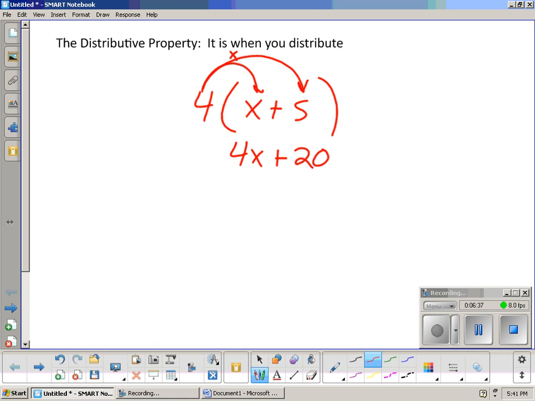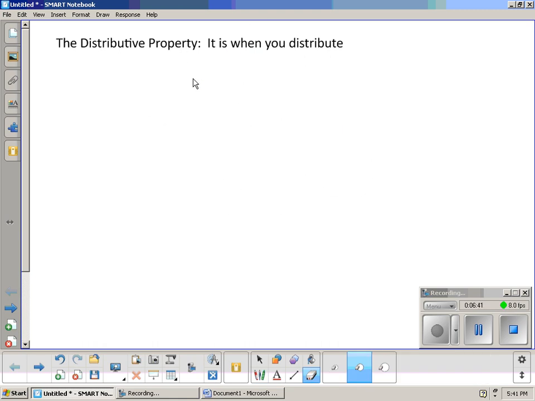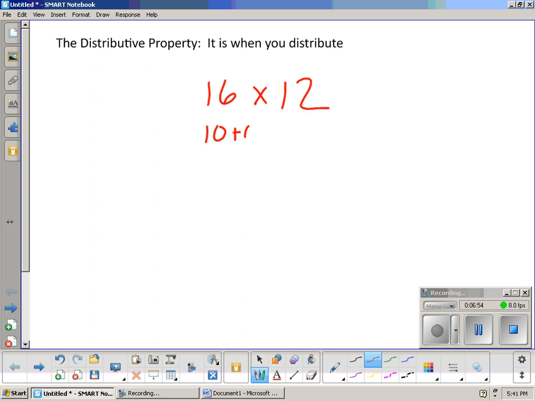Now, the last one is, how does this help me in real life, okay? What helps in real life is, if you say you have 16 times 12, okay? You could look at this as, well, 10 plus 6 equals 16, right? Times 12. 12 times 10 plus 6, and 10 plus 6 is 16.